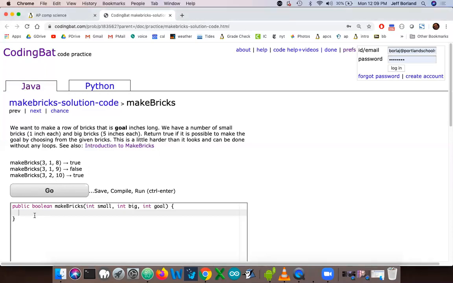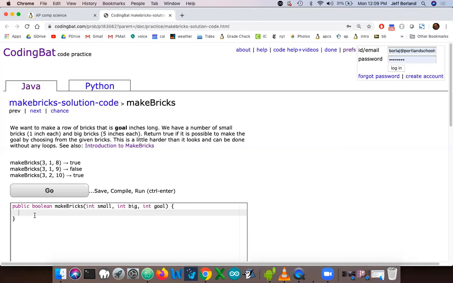All right. So we want to do this with recursion. This actually is a lot easier with recursion than with loops. It could be a little tricky with loops. So how might we do this?